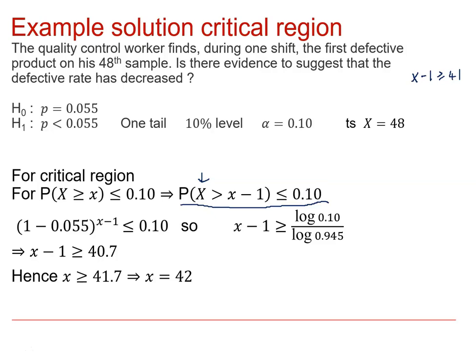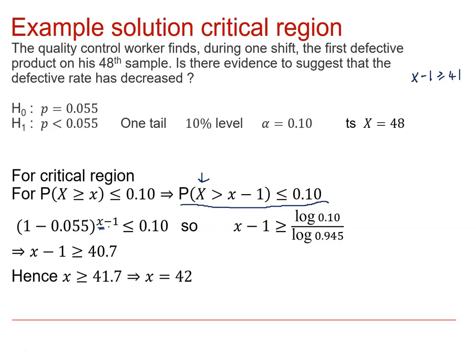For every single sample, we need that probability to be less than or equal to 0.1, and we need to work out the power here that we're looking at. The probability of being non-defective would be 1 minus 0.055, and therefore this statement is translated mathematically into 0.945 to the power x minus 1, all x minus 1 being non-defective. That has to be less than or equal to 0.1.